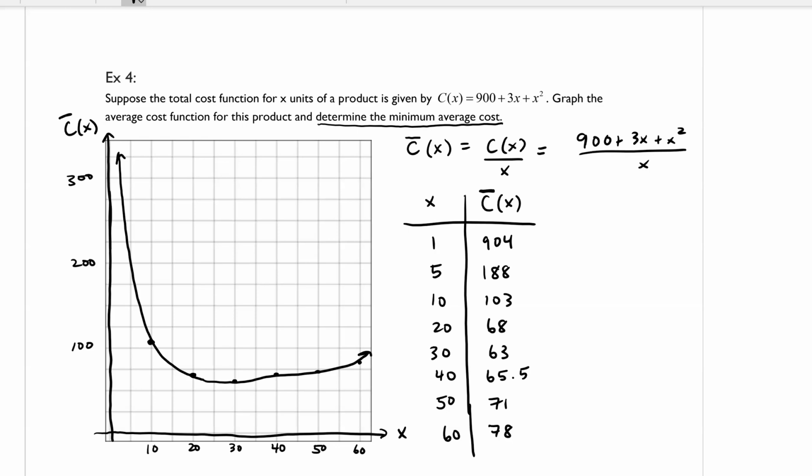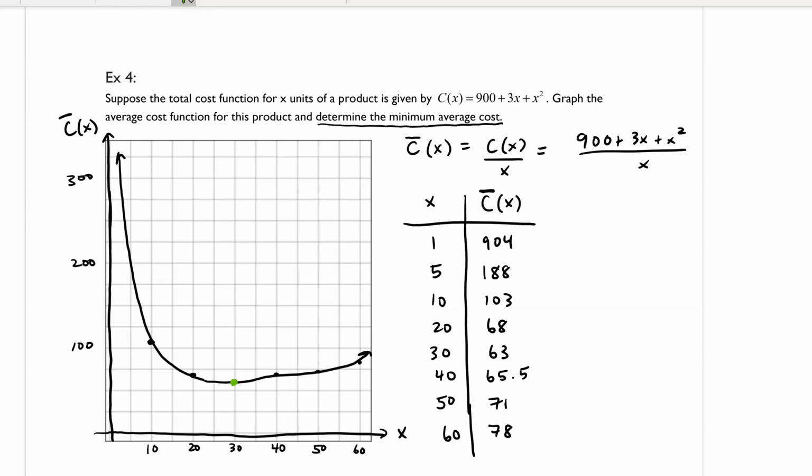But for the purposes of this class, for this specific question, I'm going to have you either look at Desmos or your graphing calculator. And if you throw this onto Desmos, you will find that the minimum occurs right here at 30. You'll see it highlighted on Desmos.